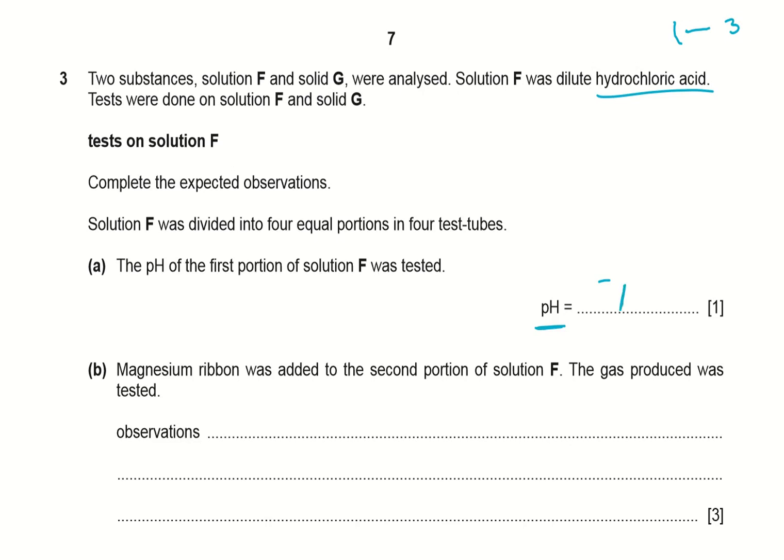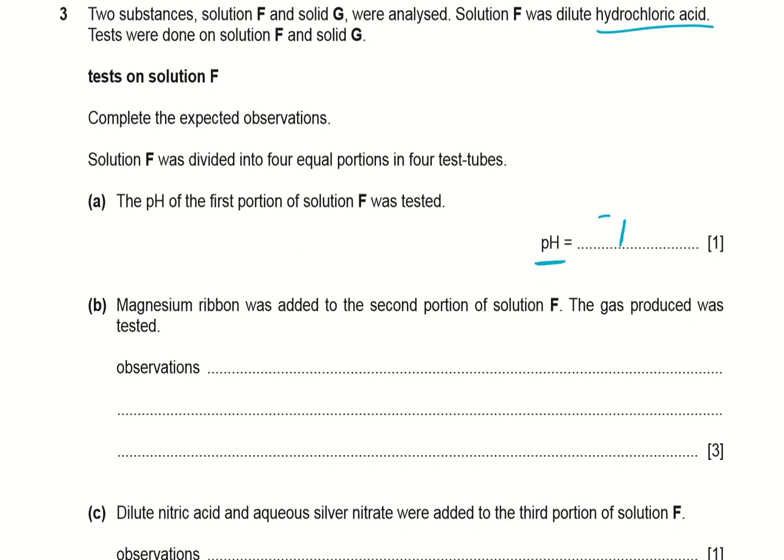Now, magnesium ribbon was added to the second portion of solution F. The gas produced was tested. You are supposed to state your observation. Here, 3 marks, very important for you to know how to put your responses down.